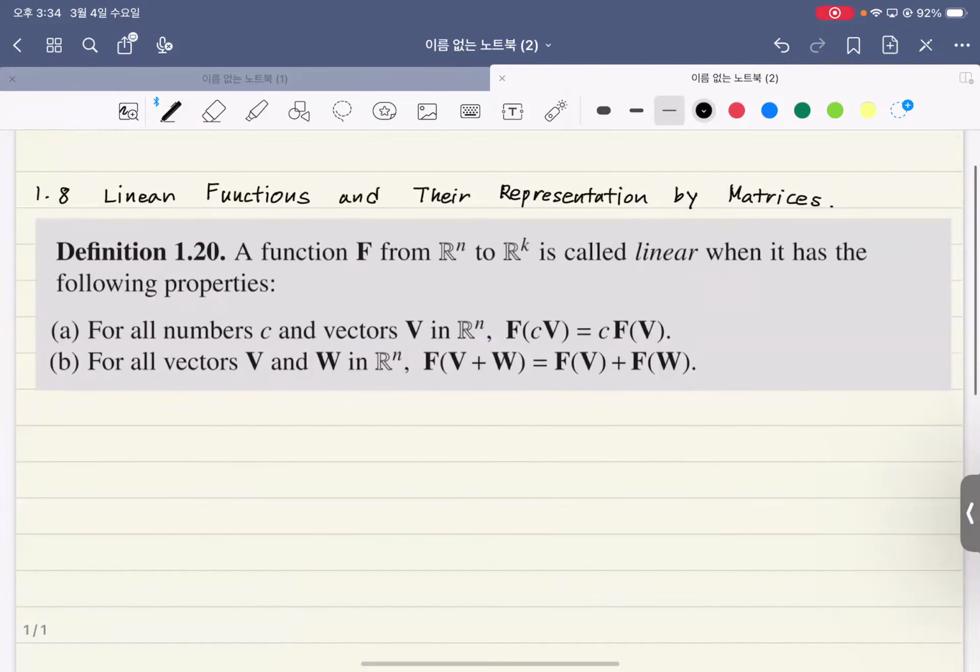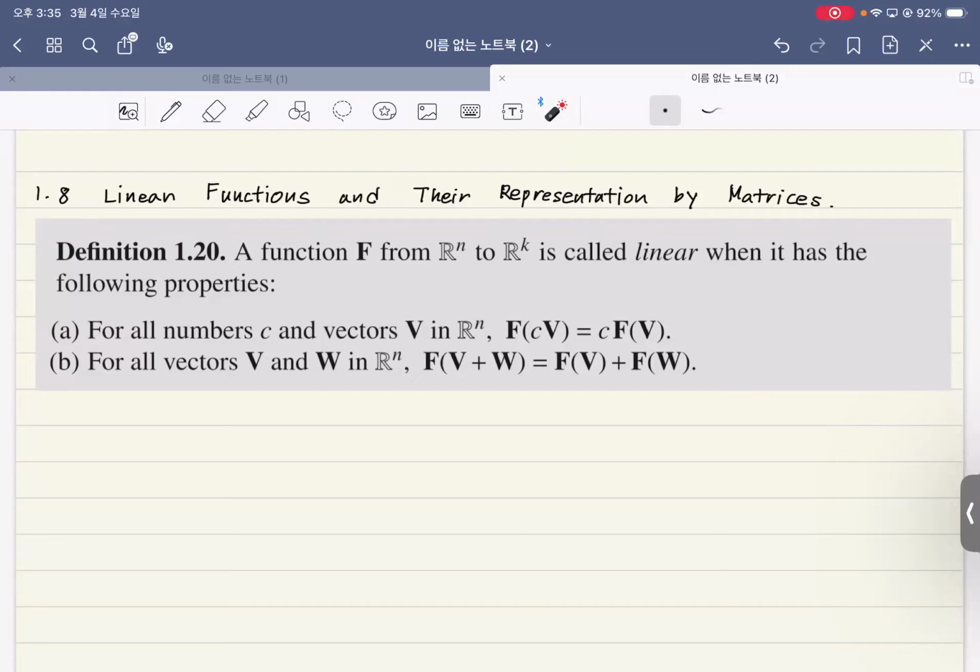Okay, so this is the definition of linear functions. If you remember, a couple of lectures ago we discussed what I meant by a function from Rn to R being linear. A function was linear if it respects vector addition and scalar multiplication. The same is true for this linear function.